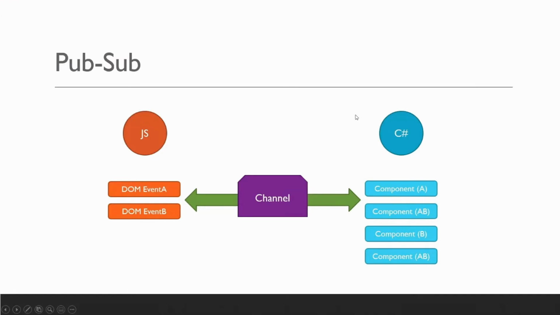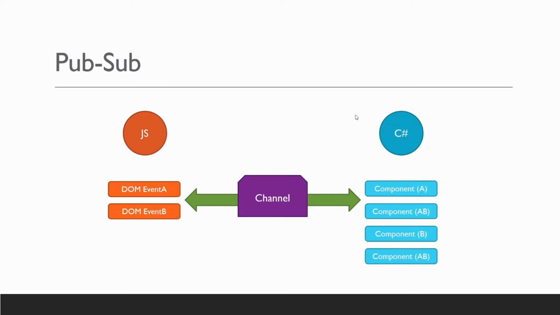Let's talk about another advanced scenario. This is going to be a pub sub scenario. So publish and subscribe. This is a little bit more than what is included with the native APIs in Blazor and JavaScript for doing work with the JavaScript Interop.